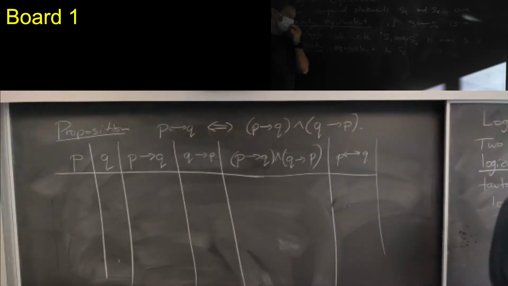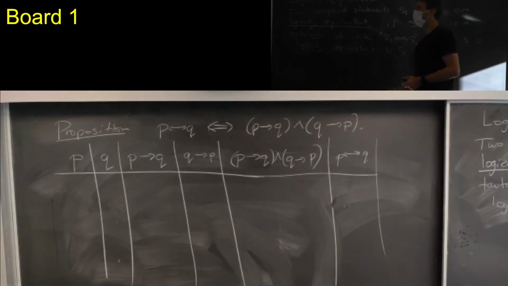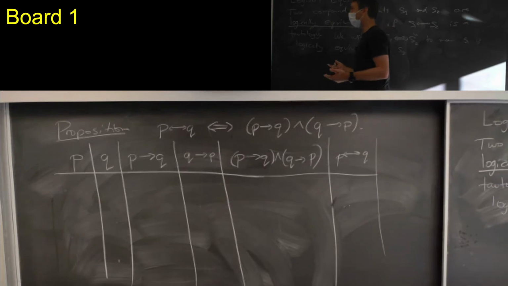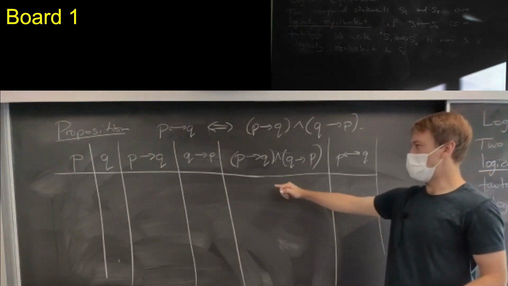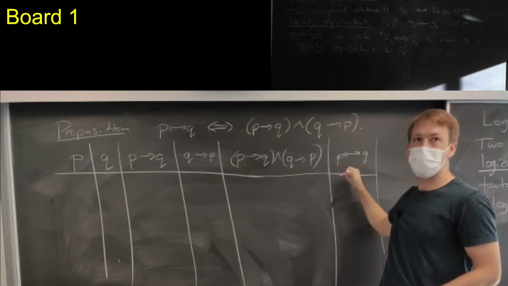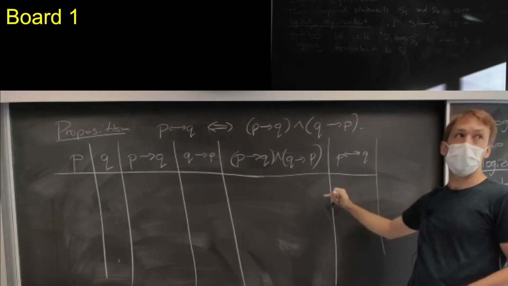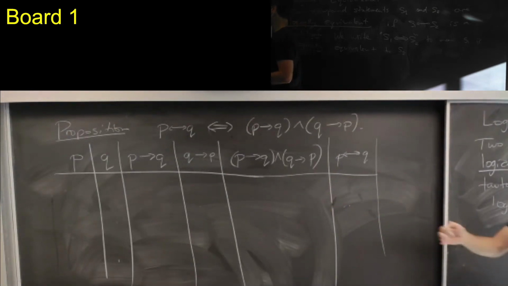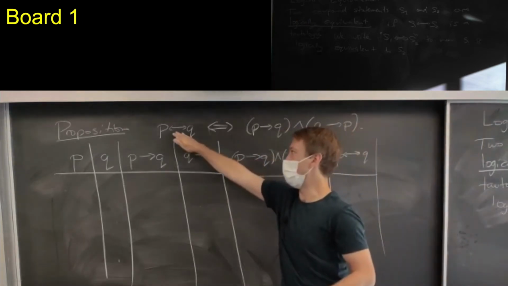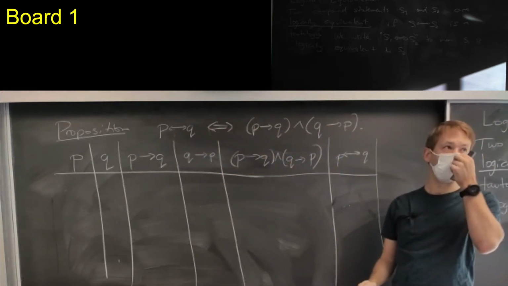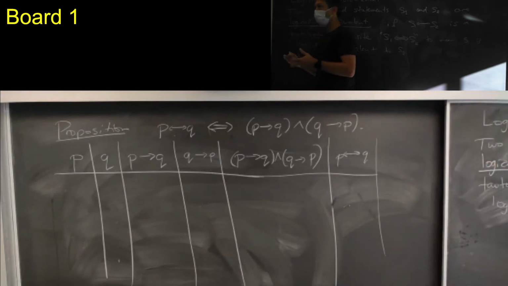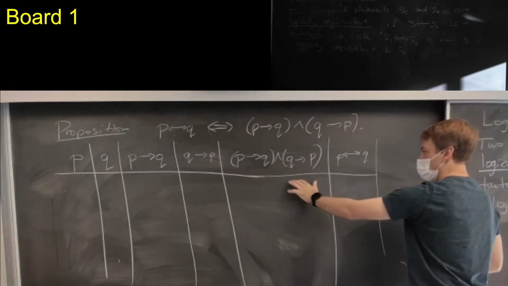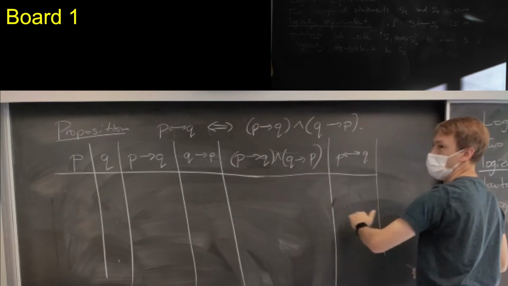But because we're a little bit lazy, we don't really need to make that last column. All we need to do is check at the end if the last two columns are exactly the same. If they are, then this, if and only if that, will be a tautology. So really what we're trying to do is show that this is the same as that, meaning all the truth values here are the same.